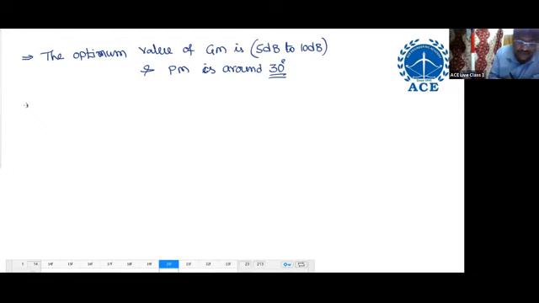What is a Bode plot? A Bode plot is a frequency domain analysis.